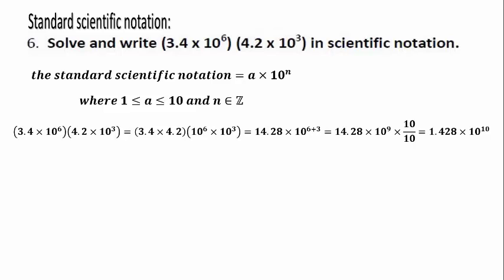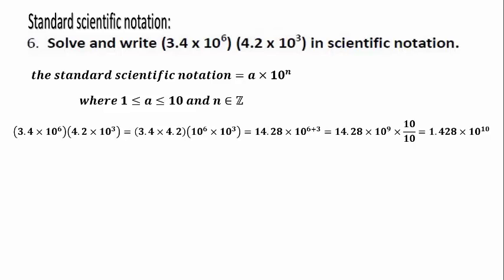Well, 3.4 times 10 to the power 6 multiplied by 4.2 times 10 to the power 3 will be equal to 3.4 times 4.2, then the next part is 10 to the power 6 multiplied by 10 to the power 3.